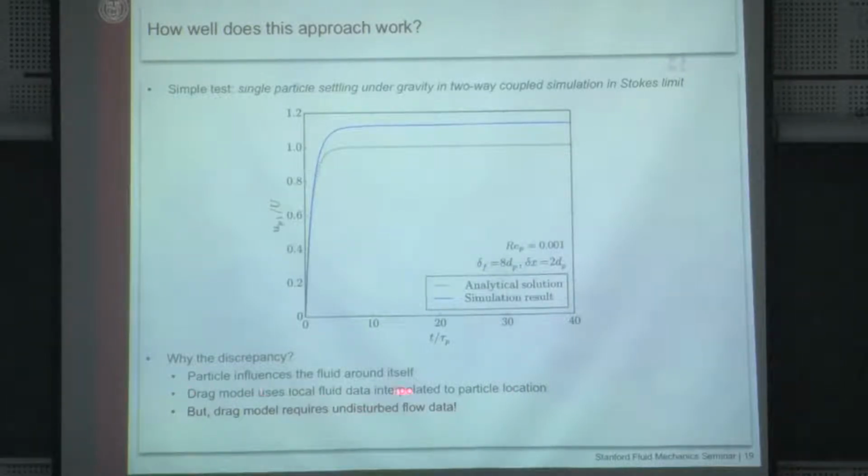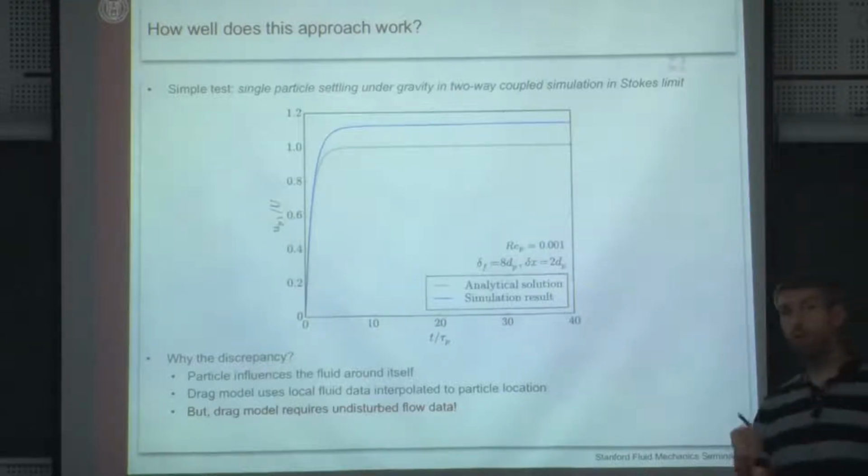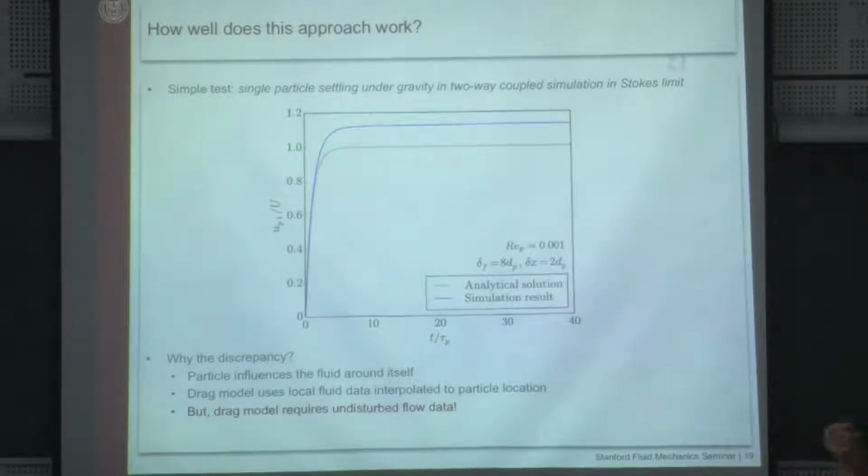The issue is that your drag law requires you to provide local velocity information. Your drag law requires, in everything we wrote, we asked for the flow velocity at the location of the particle. But really, the flow velocity at the location of the particle is heavily disturbed by the presence of the particle itself.